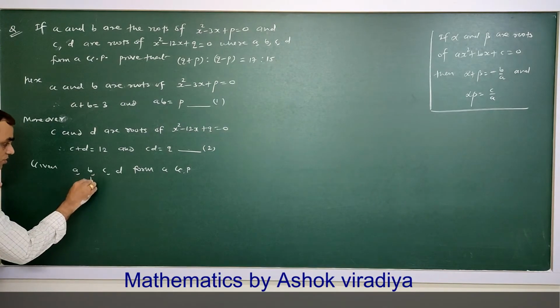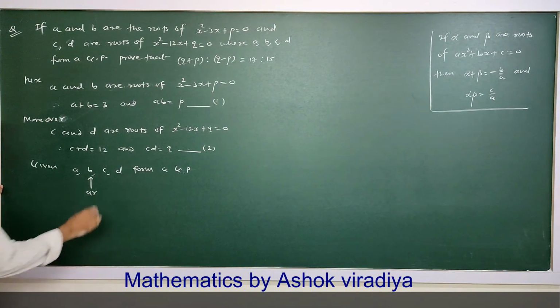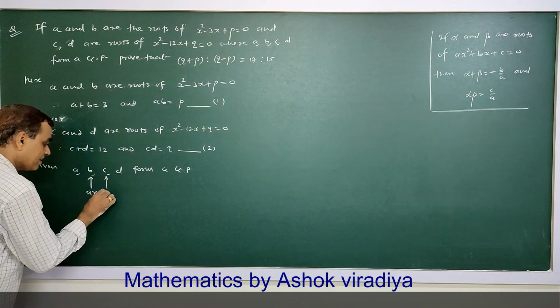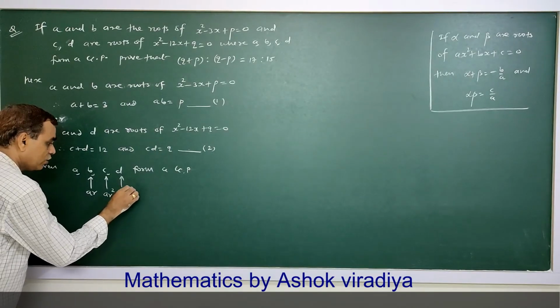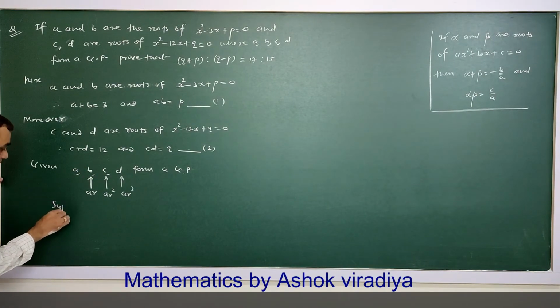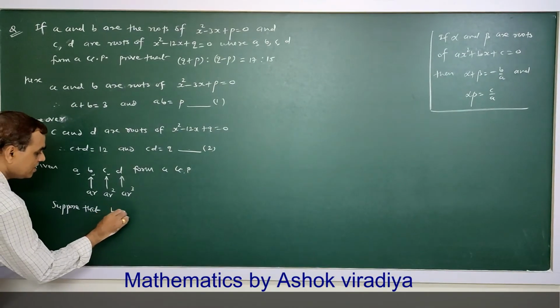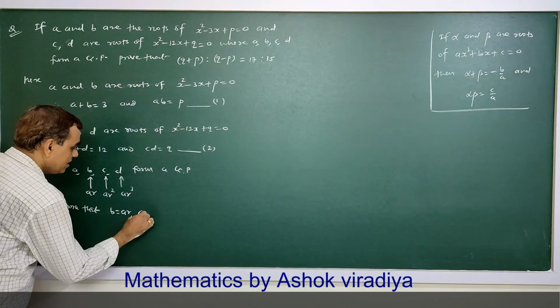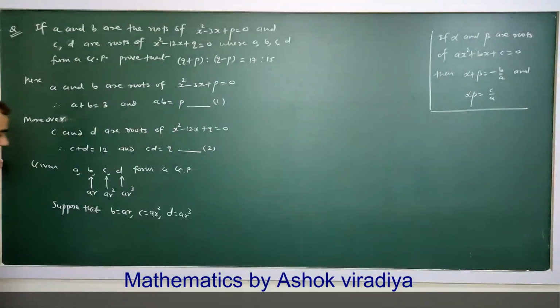So we suppose that B is A into R, C is AR square, D is AR cube. If the first term is A, this should be AR, this should be AR square, this should be AR cube. So we suppose that B is AR, C is AR square, D is AR cube.